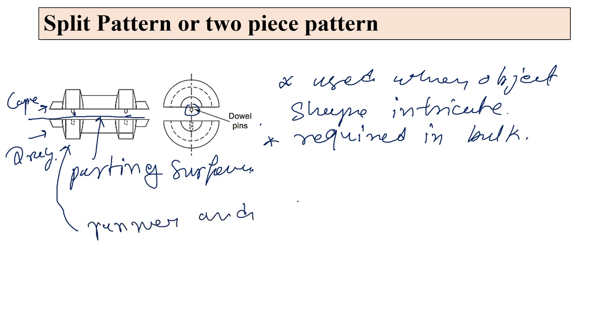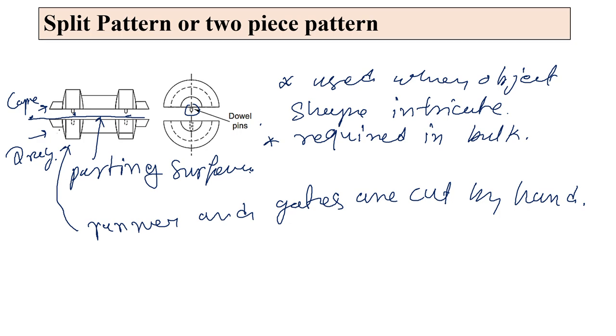and gates are cut by hand. So this pattern is generally used where we require the intricate shape, and these are required in bulk, and one half portion is in the cope side and one half is in the drag side.